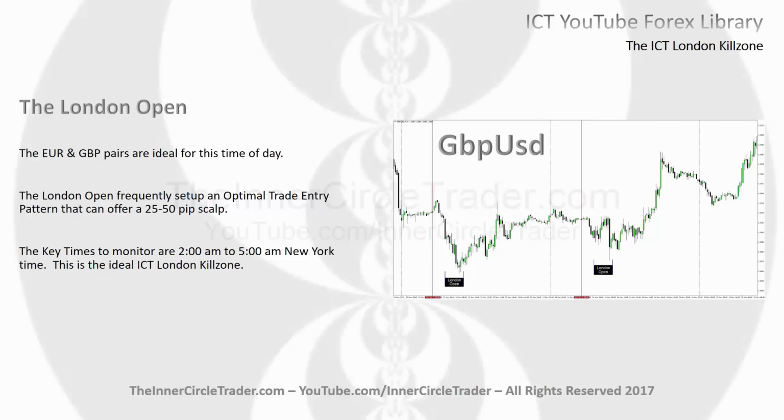Okay, and conversely, we can see when the market is bullish, the tendency is for the market to trade down, creating the low of the day in the London Open ICT Killzone. Again here, market trades down after midnight New York time, creates the low of the day between 2 o'clock and 5 o'clock in the morning New York time. Low of the day forms, off to the races we go.